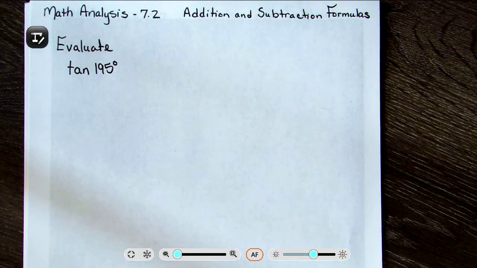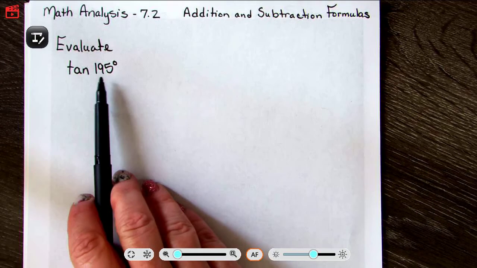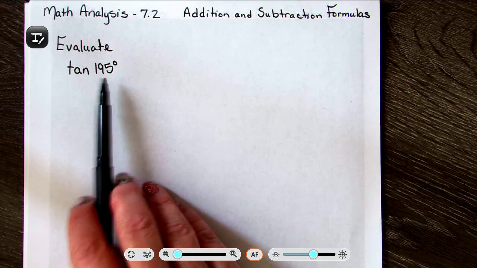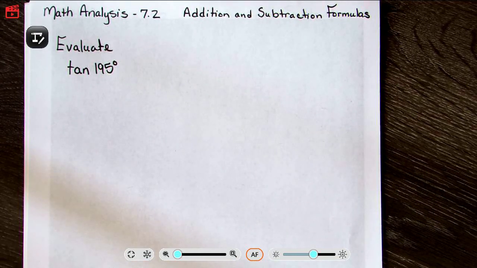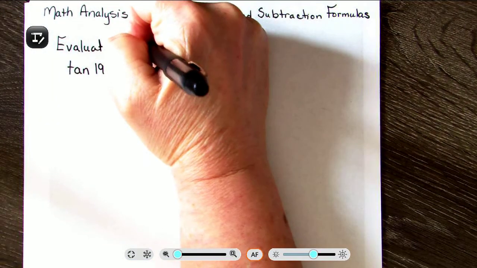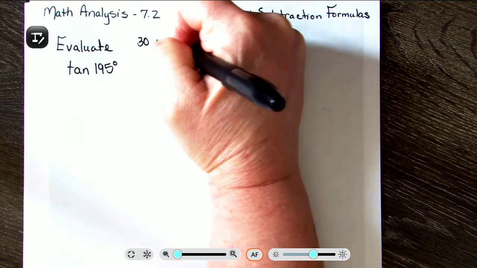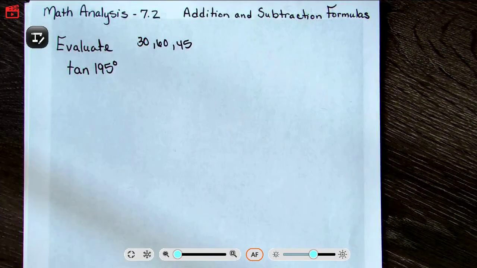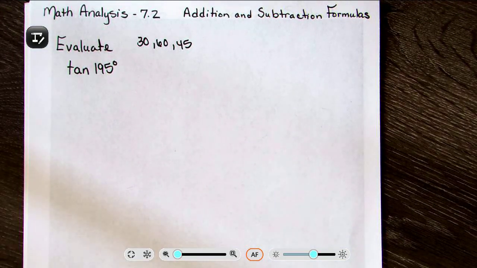In other words, we're going to creatively write 195 degrees in terms of angles that we know. We know the 30s, the 60s, the 45s from our two special triangles, that 30, 60, 90 and the 45, 45, 90, and all the multiples around. So we've learned how to deal with the sines and cosines of those.